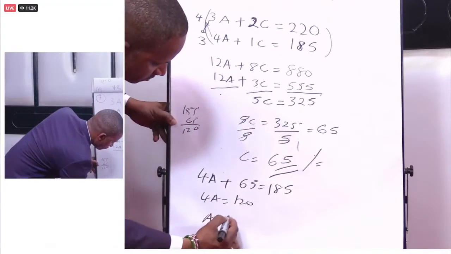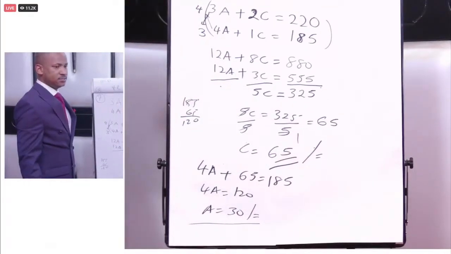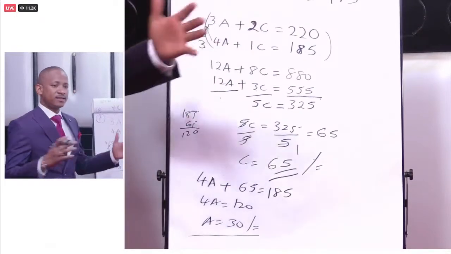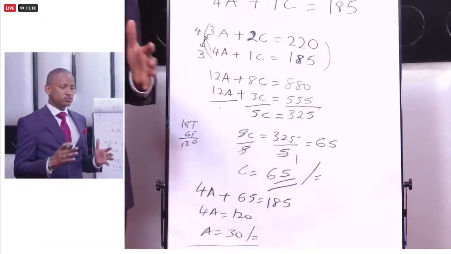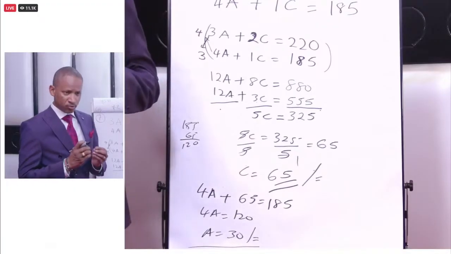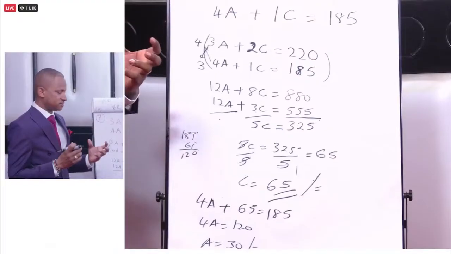So A will be equal to 30 shillings. So that's all. This question was so bulky, but it was just testing simultaneous equation. So read the question and understand it. Read it twice.